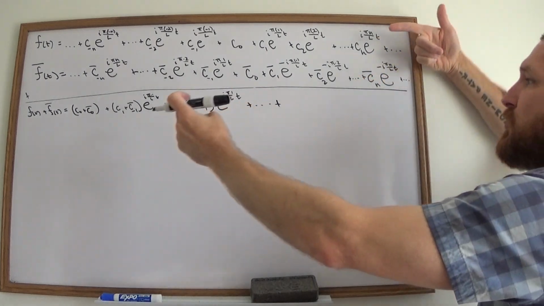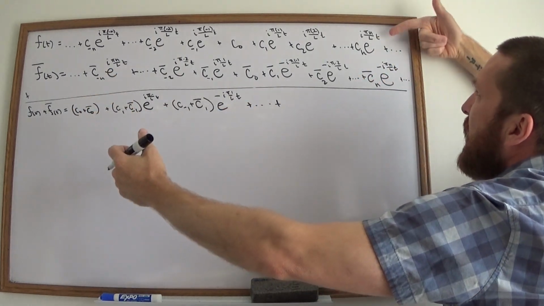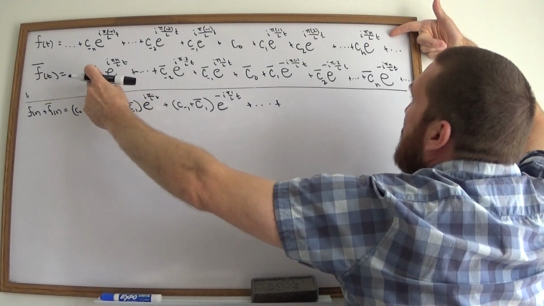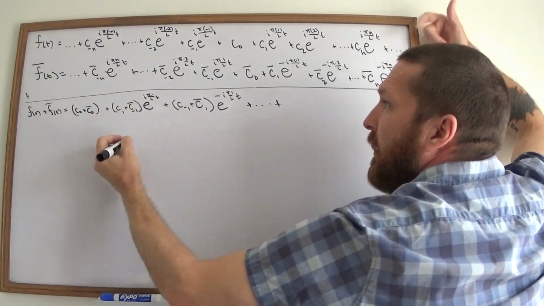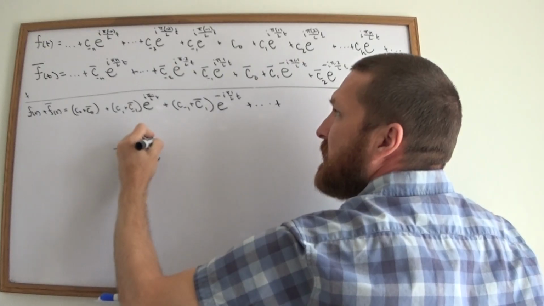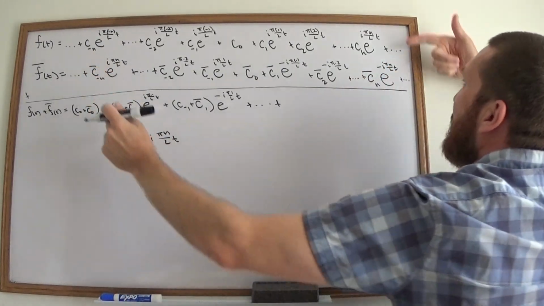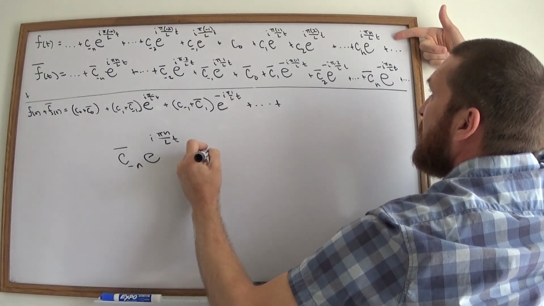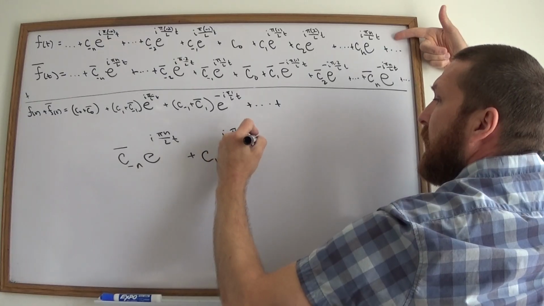Now finally, I do want to get these last ones out here. So we have the positive Cn and the negative Cn bar. We have C negative n bar e to the I pi n LT. We add that one to this one, which is plus Cn e to the I pi n over LT.